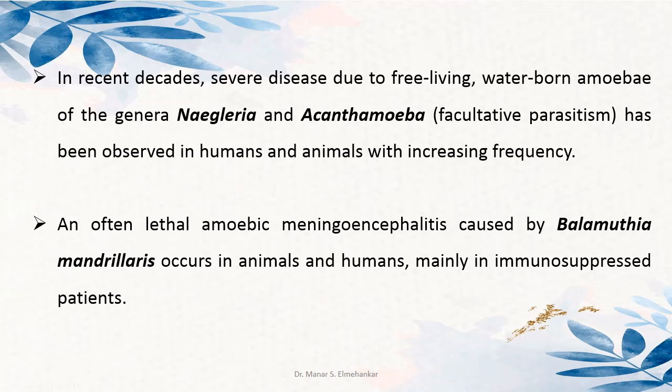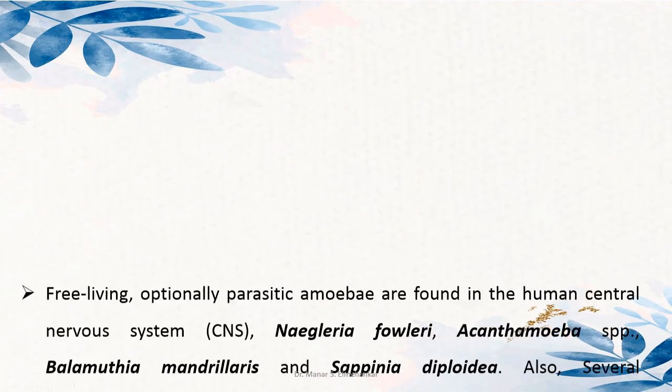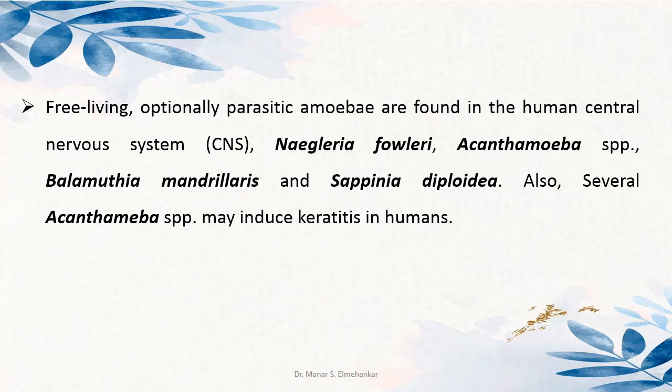An often lethal amoebic meningoencephalitis caused by Balamuthia occurs in animals and humans, mainly in immunosuppressed patients. These free-living amoebae are optionally parasitic and found in the human central nervous system, such as Naegleria fowleri, Acanthamoeba, and Balamuthia.